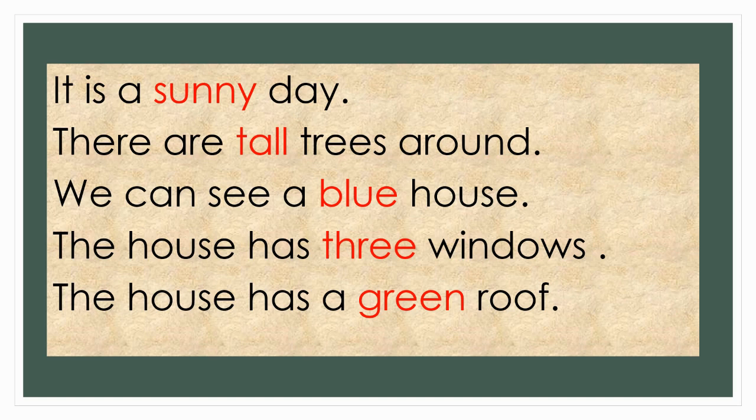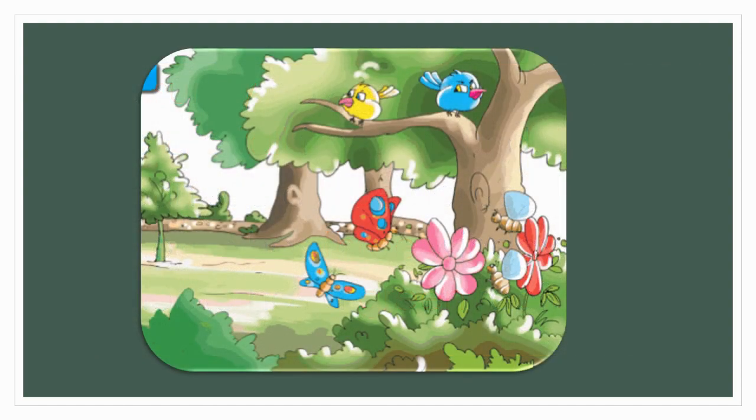In this way, the adjectives in the sentences are sunny, tall, blue, 3 and green. So, now let's see the next picture. Here is the next picture. Look at the picture carefully because we have to also describe this picture using the adjectives.